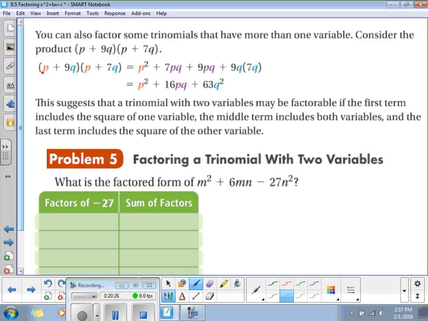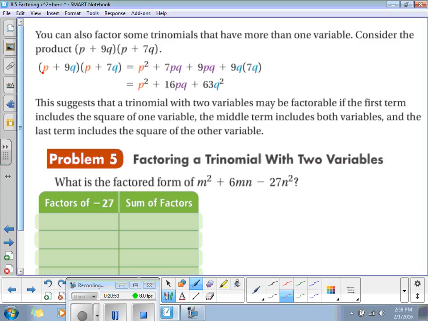Inner, 9Q times P, which is 9PQ. And last, which is 9Q times 7Q, which is 63Q squared. Okay? When we simplify, we get P squared plus 16PQ plus 63Q squared.